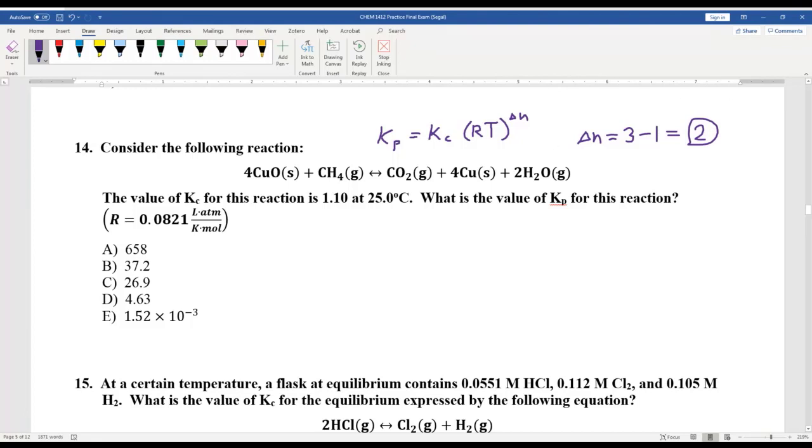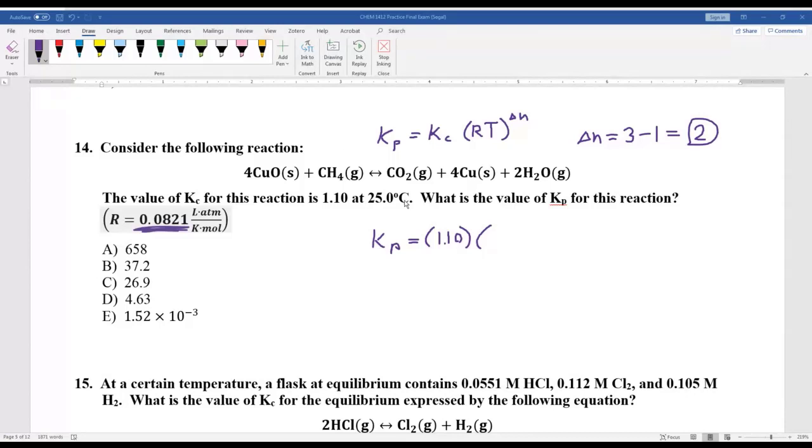So I will simply go ahead and plug in the Kc value. Kp is equal to Kc, 1.10, times R. And I'm actually going to have to use this value of R, not the 8.314 joules per mole Kelvin. I have to use liter atm because Kp is always given in terms of atm.